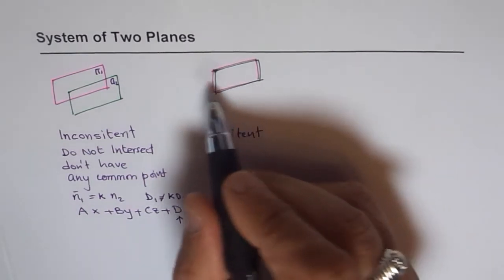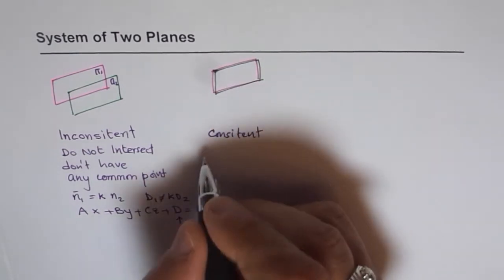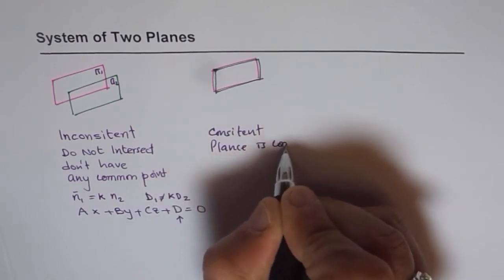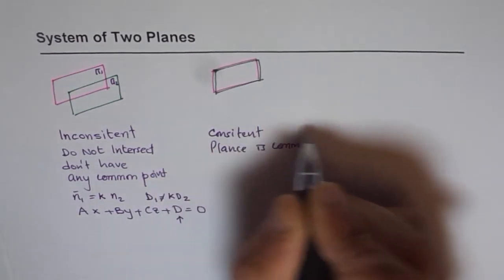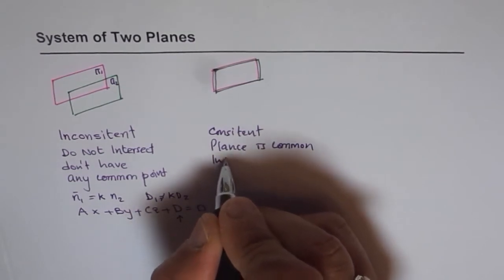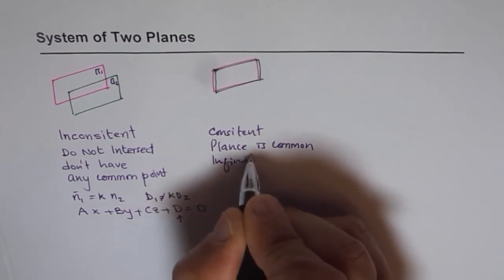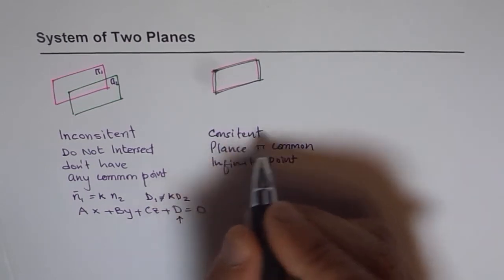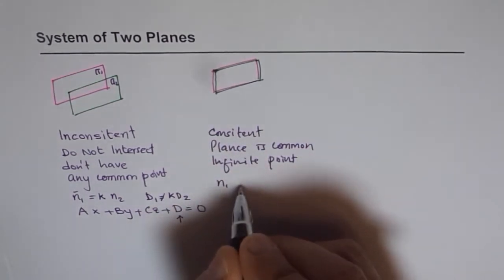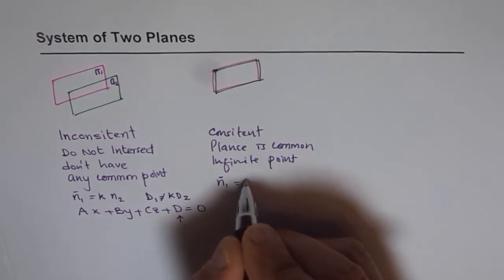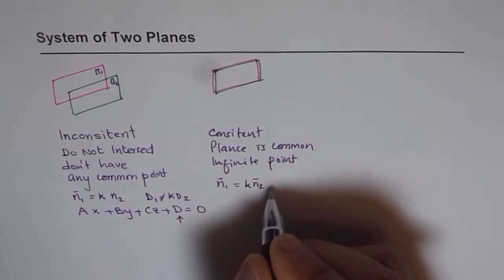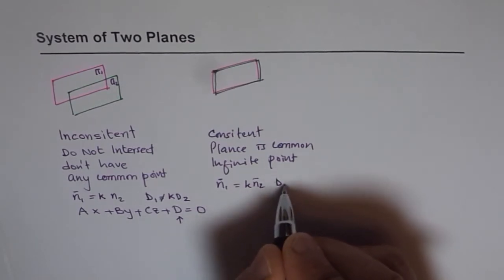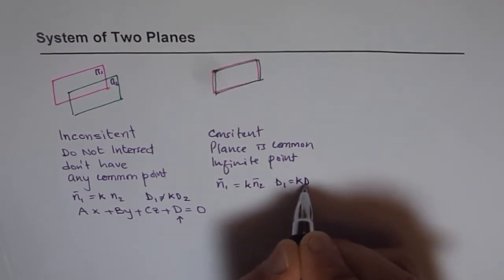Since they have points of intersection and the plane is common, they have infinite points, or the plane itself is the same, right? So in this case n1 equals k times n2, and this constant d is also a scalar multiple. So d1 is also equal to k times d2.